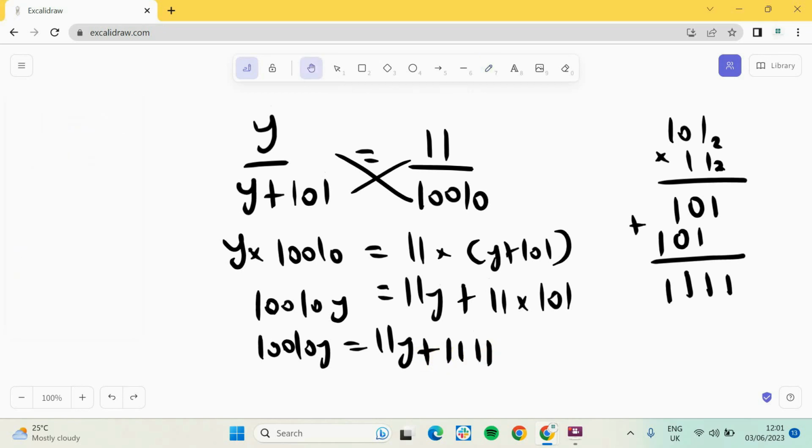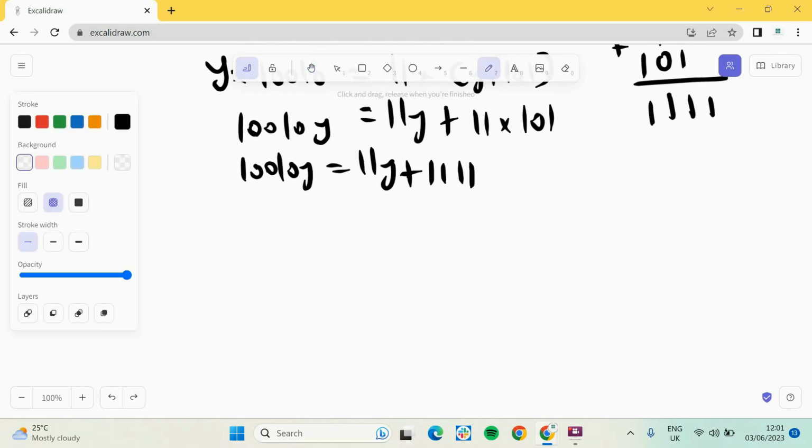So if you look at it, the next thing that we're meant to do is to collect like terms. This is y, this is y. So let's carry this one to the other side. If I carry a plus to the other side, it's going to be minus, right? Great. So that would be minus 11y is equal to 1111, right? So let's subtract this.